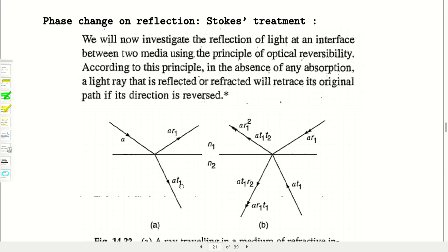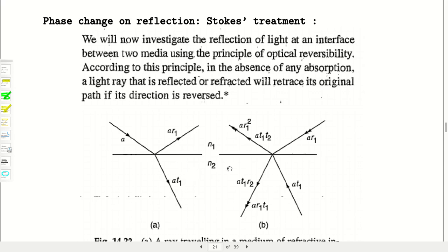Here R and T are the reflection and the transmission coefficients, which means the fraction of the amplitude which gets reflected is called the reflection coefficient, and the fraction of the incident amplitude which is transmitted is called the transmission coefficient. So AR1 and AT1 are the new amplitudes for the reflected and the transmitted rays.